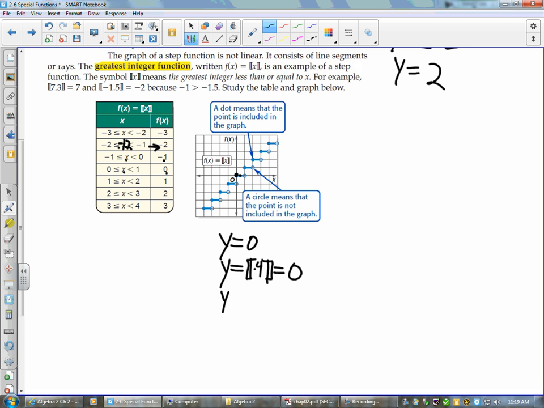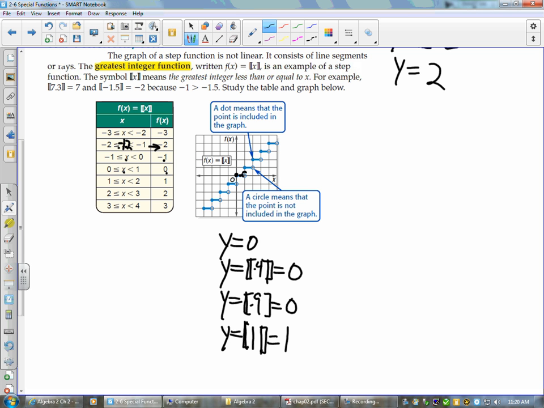When I go y equals greatest integer function of, say, 0.9, it still drops back to 0, so it stays at 0 all the way up to when we get to y equals greatest integer function of 1. Then it finally goes to 1. So then it jumps up.